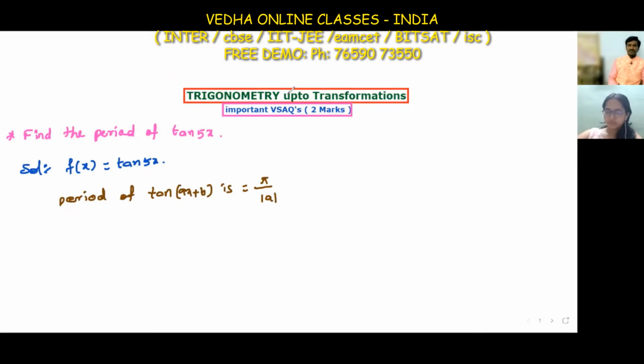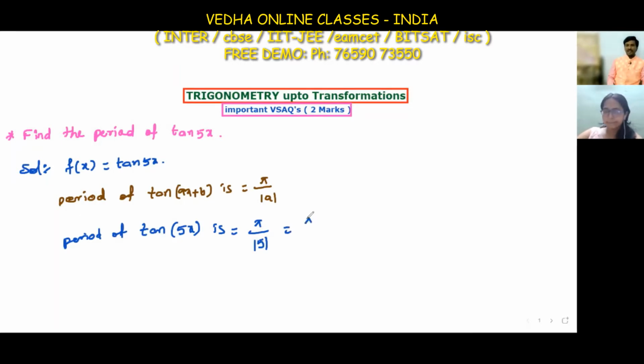So now, the period of tan 5x is pi divided by the x coefficient, which is 5. If it is negative or positive, we take only the positive value.